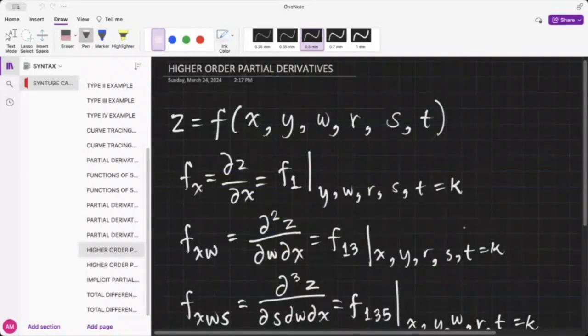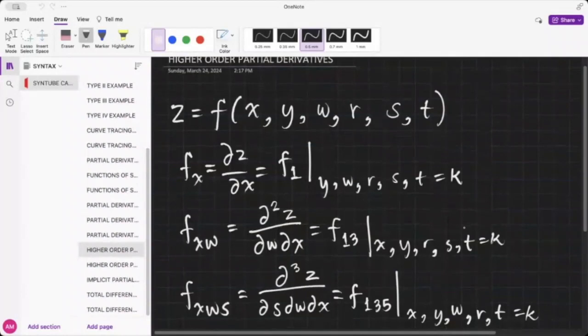That's how you solve it. Then next, what if you want to get yung result dito? You want to get naman yung partial derivative nun with respect to w. So, yung notation nito is f of x of w is equal to parang second derivative of z, dw dx is equal to f13, then this is just expressing na everything else is a constant.